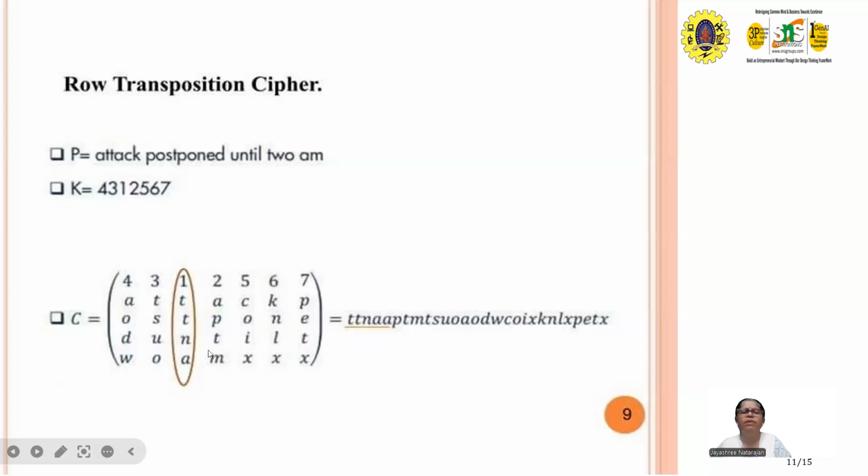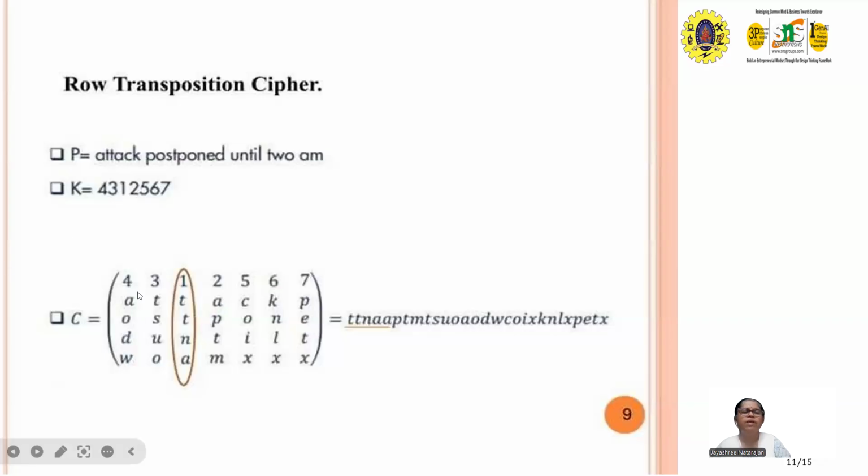Then we have to read column wise. We write row wise and read column wise. The column order is also a secret key here. So what is my key? 4312567. First we read column 4, then 3, then 1, then 2, then 5, and so on. First key is 4.